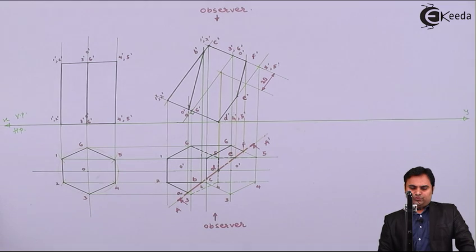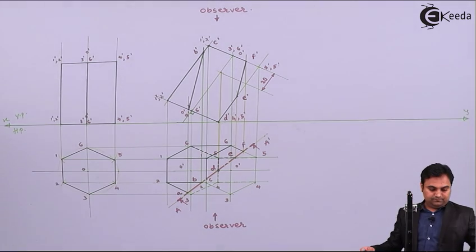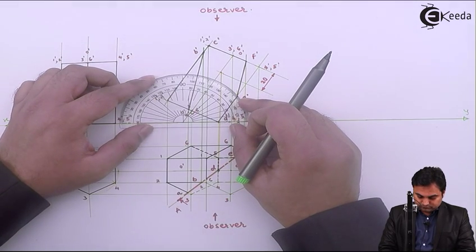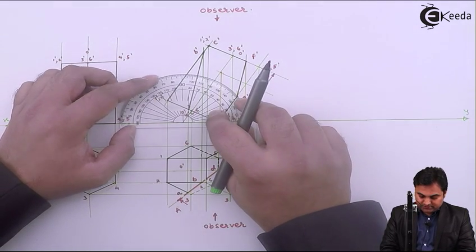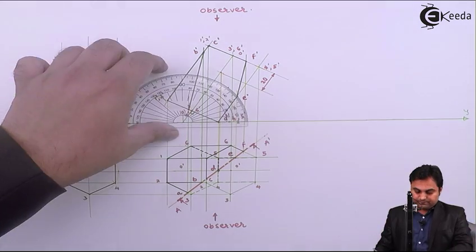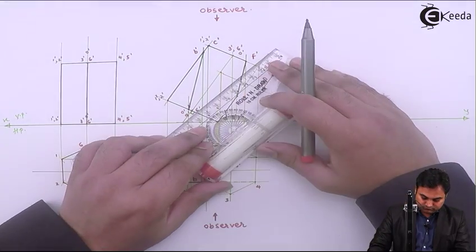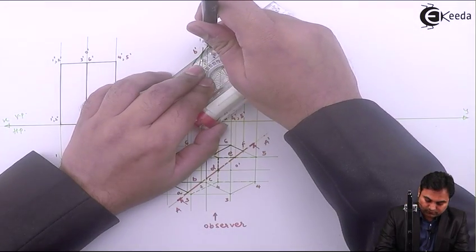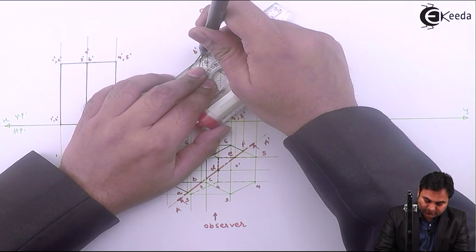Next, I'll draw the sections over here. Section lines are inclined at 45 degree, so taking 45 degree angle, drawing these section lines.